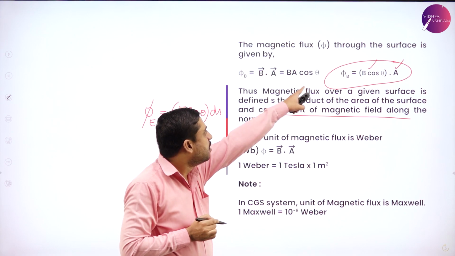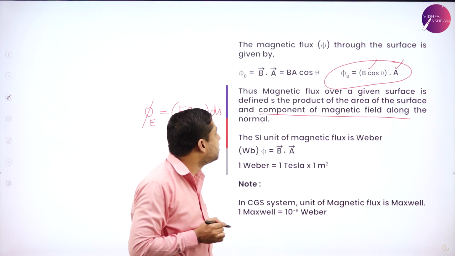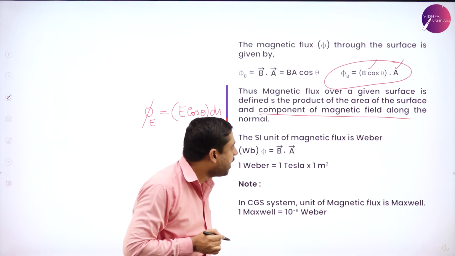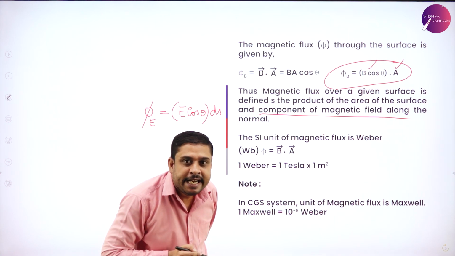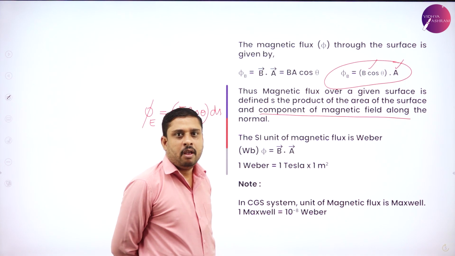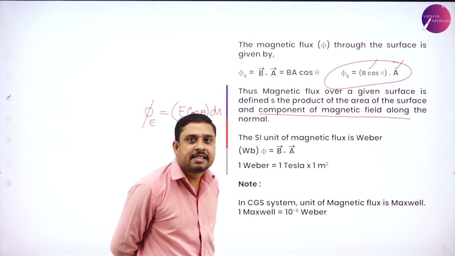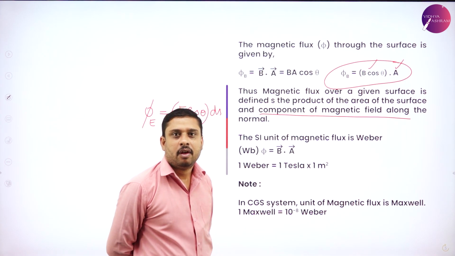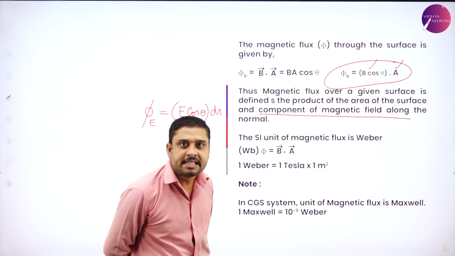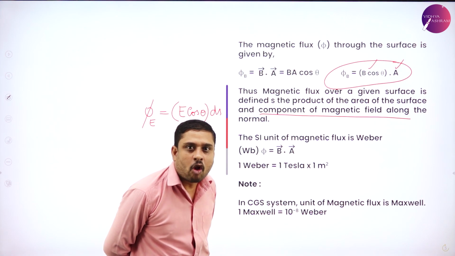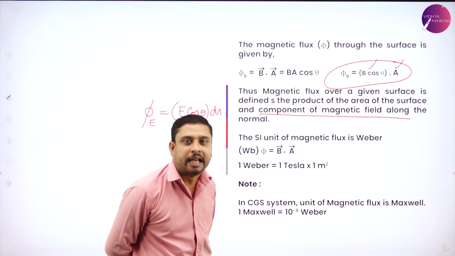So what was magnetic flux, students? It was nothing but B cos theta into A. What was B cos theta? Component of the magnetic field along the normal.